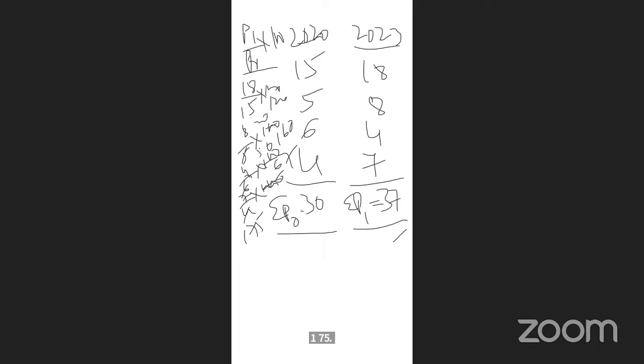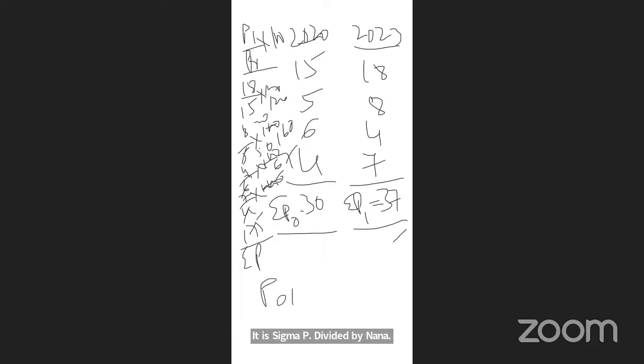Yes, ma'am. So now all these are your price relatives, sigma p. Now let us work out the simple average of price relatives method. It is sigma p divided by n.